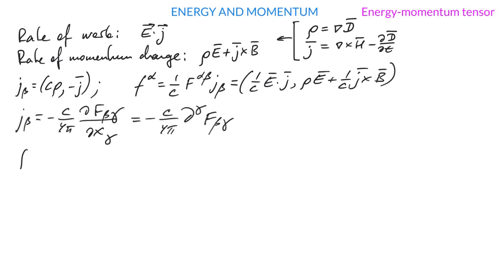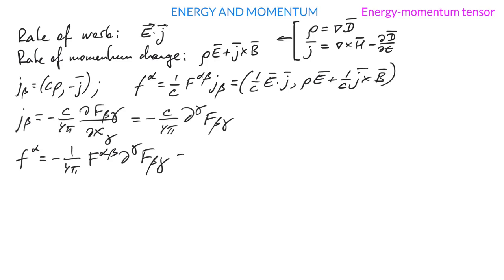So we have F alpha equals minus 1 over 4 pi, c has cancelled, and then I have F alpha beta d gamma F beta gamma. So notice that all the tensor indices match. We should always make sure that this matching is preserved. So gamma upstairs, gamma downstairs, beta upstairs, beta downstairs, and then alpha is a free index on both sides.